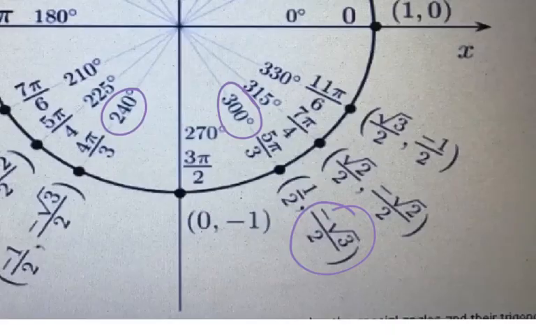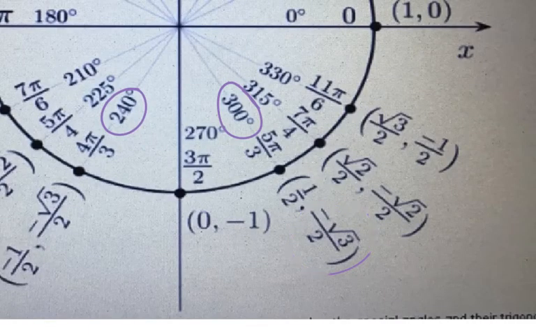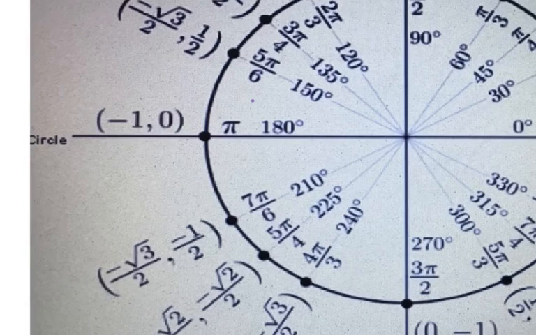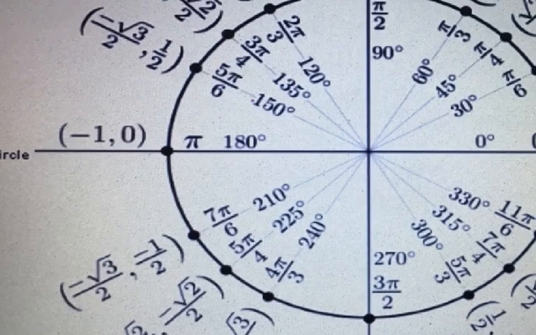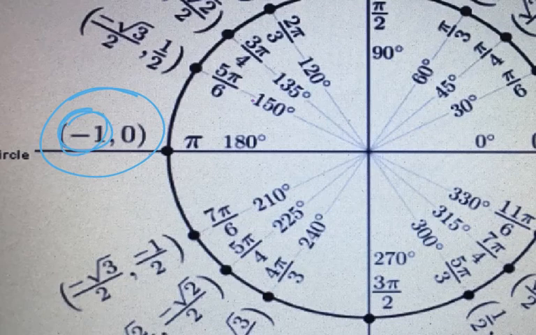Let's take a look at our unit circle here. Where is x negative 1? X is negative 1 only at one place, right there. X is negative 1 at 180 degrees.